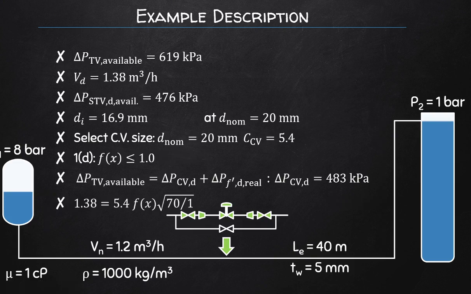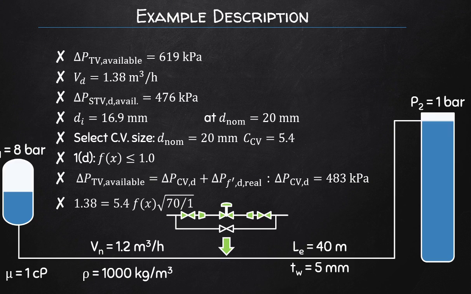Now we can proceed to check the rest of the rules. Firstly, rule 1D is automatically satisfied and the pressure drop across the control valve is calculated to be 483 kilopascal.